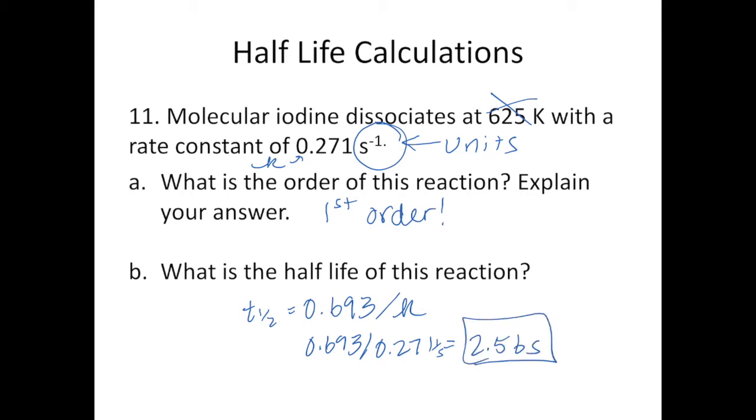That's its half-life. So at really high temperatures, iodine dissociates very quickly. That means that if I have 10 grams of molecular iodine and I wait 2.56 seconds, I'm now going to have 5 grams of molecular iodine when I'm hanging out at 625 K. Which you wouldn't be, because you would die.